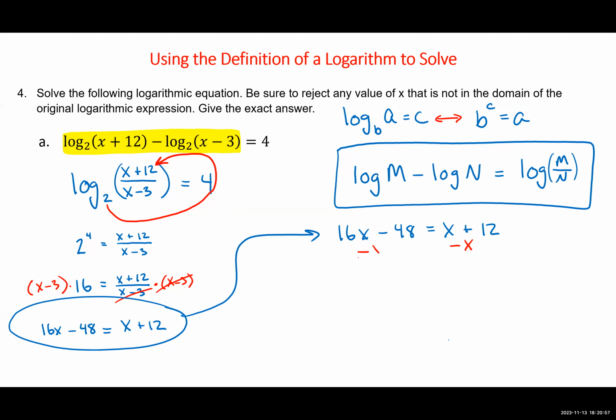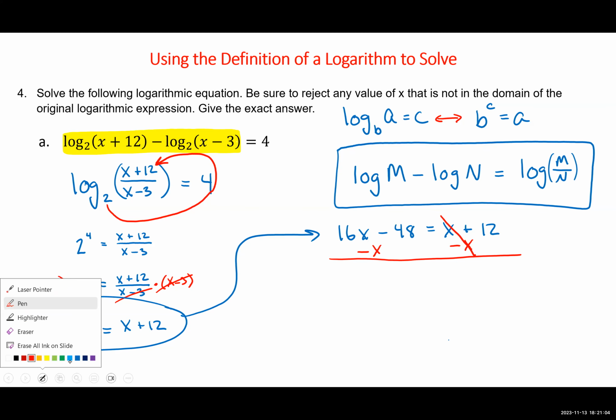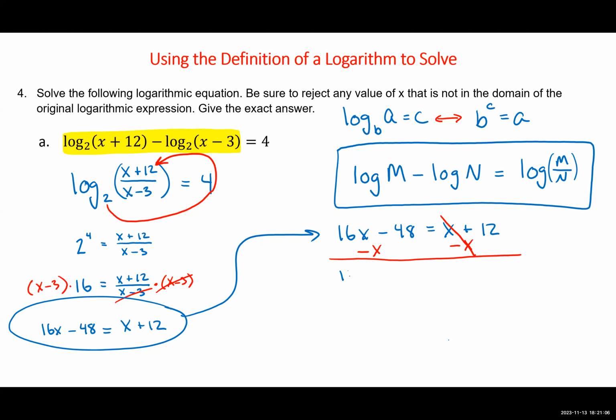So I'm going to start by minusing x from both sides, so they cancel the x's on the right. So now we've got 16x minus x, that would be 15x minus 48 is equal to 12.